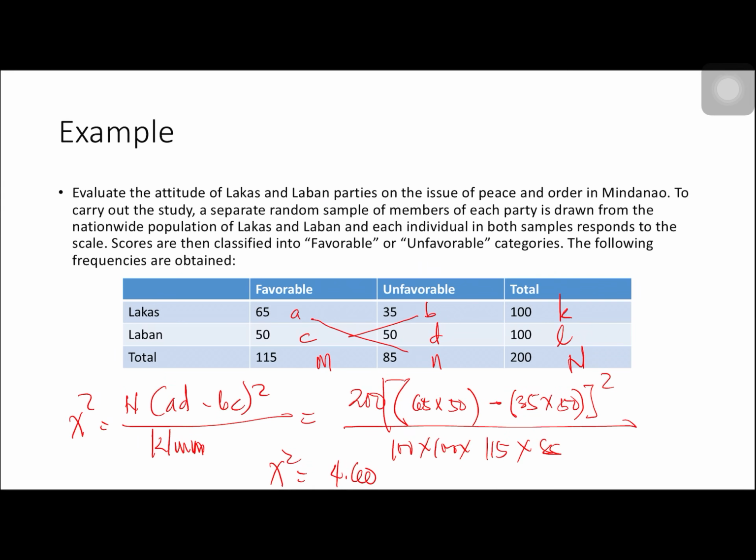So, for the tabular value, okay, so let us check. For the level of significance, let us test this at alpha is 0.05.